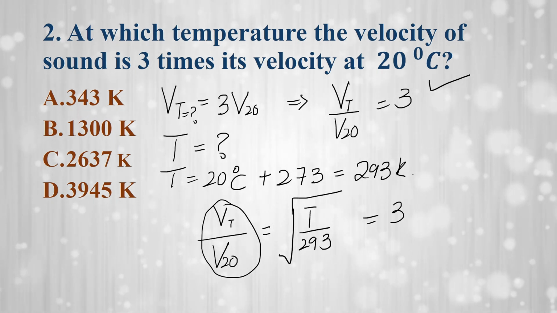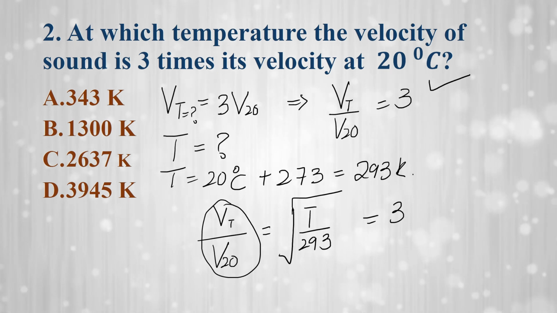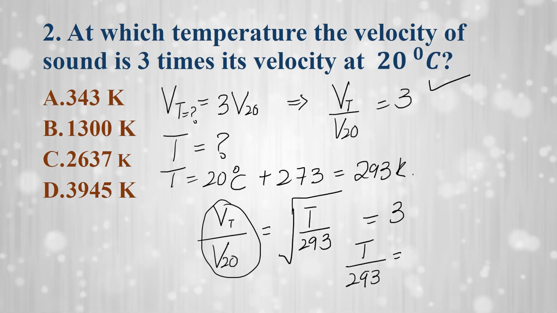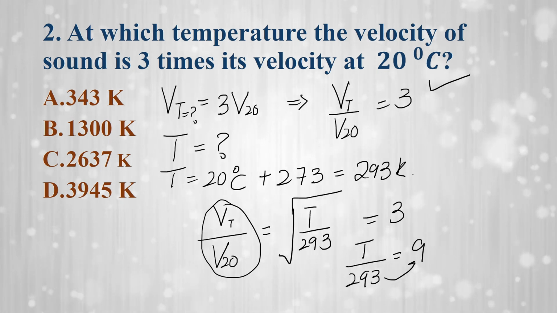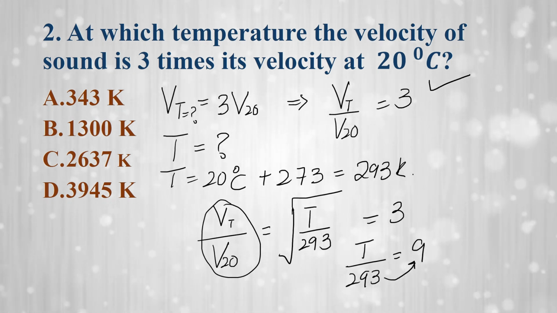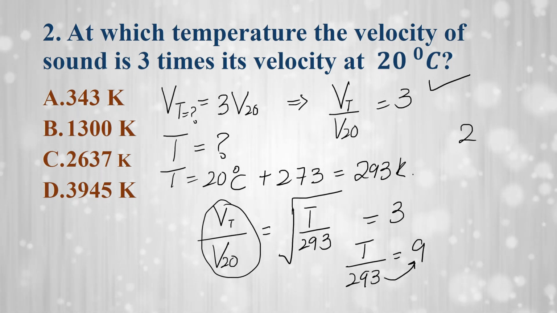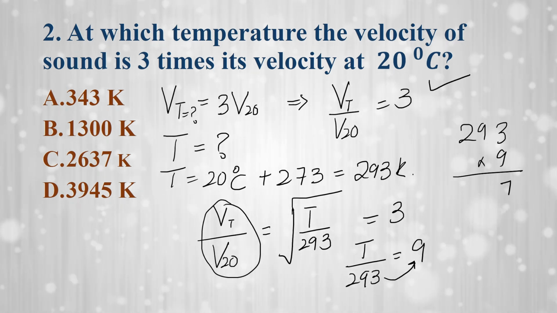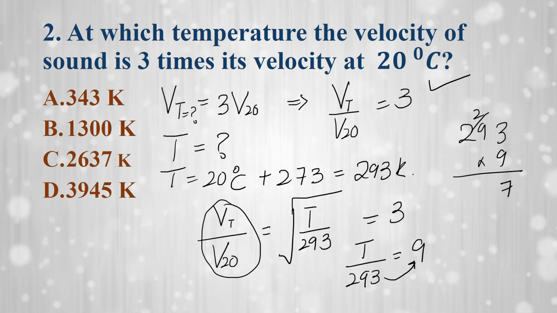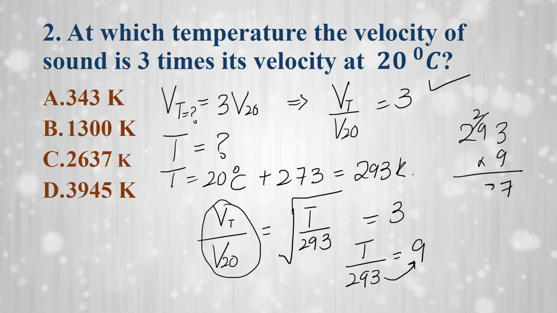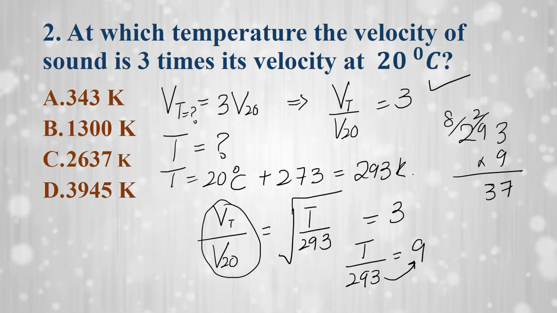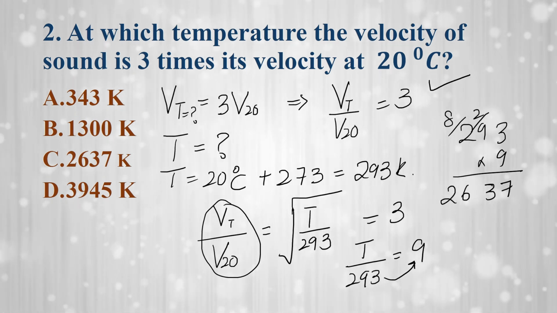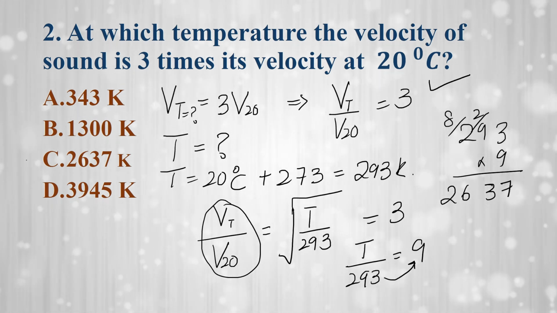Taking a square on both sides, T over 293 is equivalent to 9, and if you multiply these two, 293 multiplied by 9: 3 nines are 27, 9 nines are 81, 82 and 83, 2 nines are 18, and when you add 8, it becomes 2637. So the correct option is C.